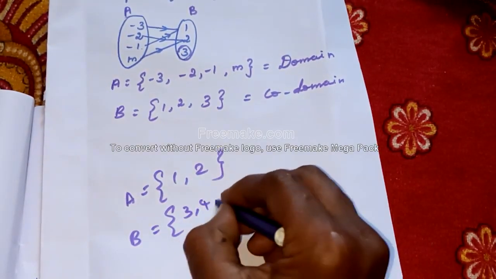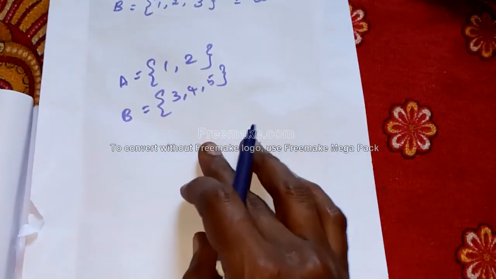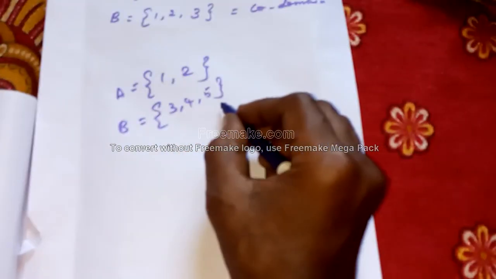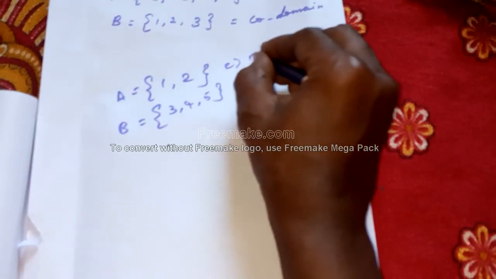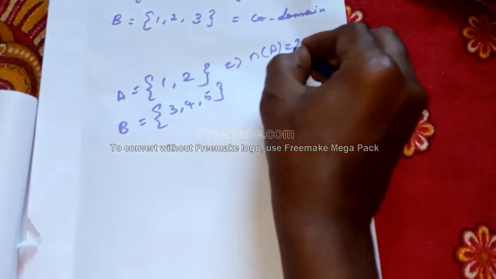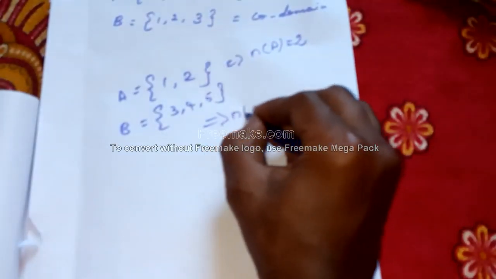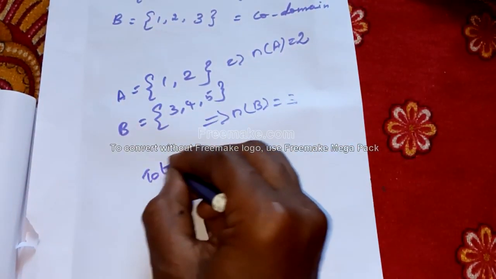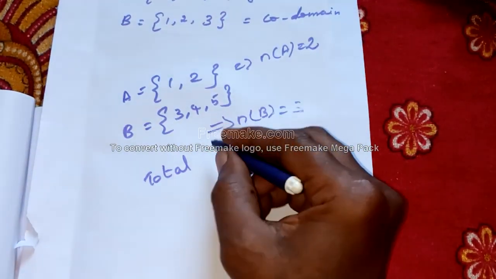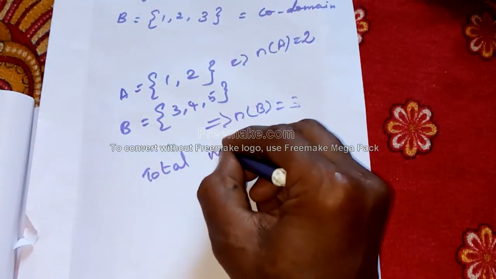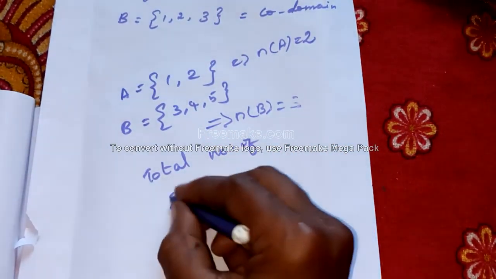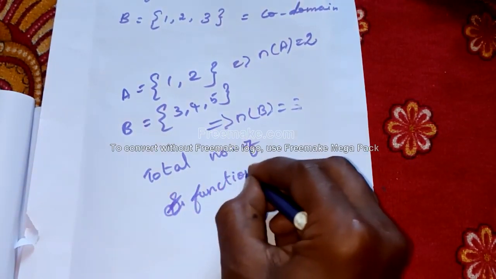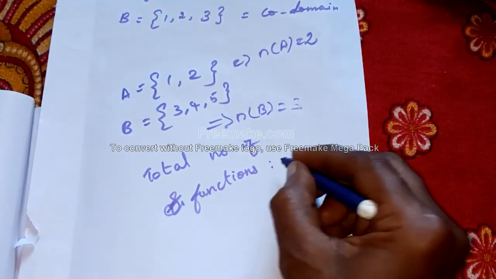Here n of A is equal to 2, n of B is equal to 3. The total number of functions that exist between A and B is 3 power 2. That is 9 functions exist between A and B.